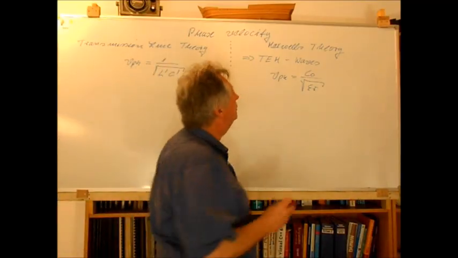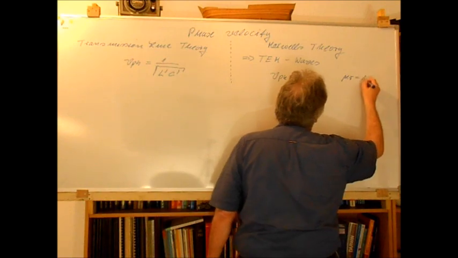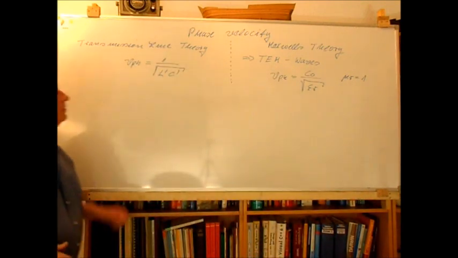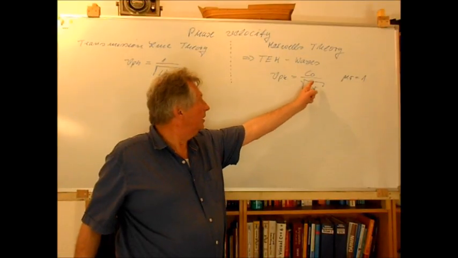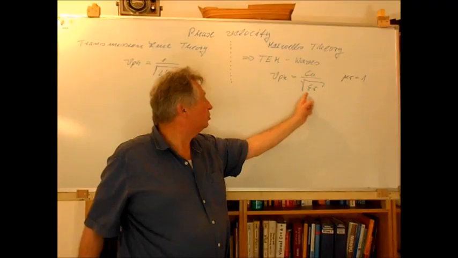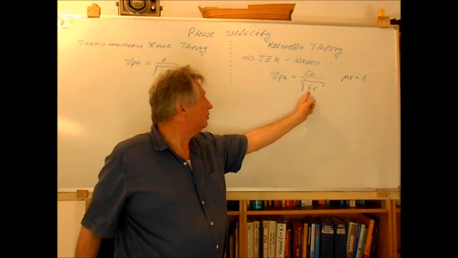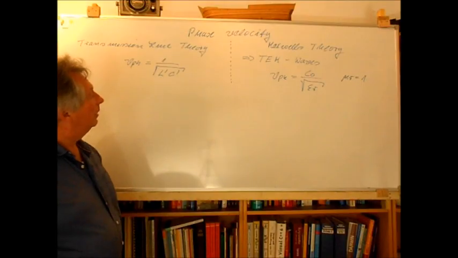the dielectric constant. What I assume here is that mu r is equal to 1. So essentially you see in this equation for the phase velocity there is only one parameter which we can use to change the velocity, which is the relative dielectric constant.